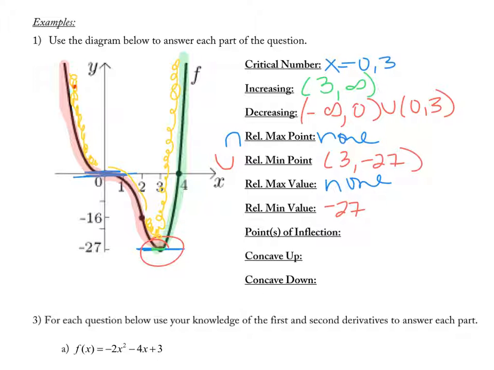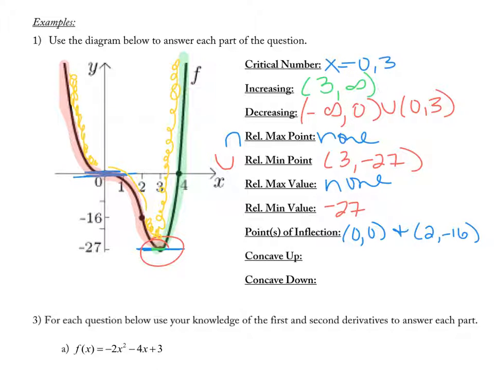This was concave up, then we went concave down, and then we went back to concave up. So we are going to have 2 points of inflection. Remember, that's where the concavity changes. The first one is going to be at 0, 0, and then the other one is going to be at 2, negative 16.